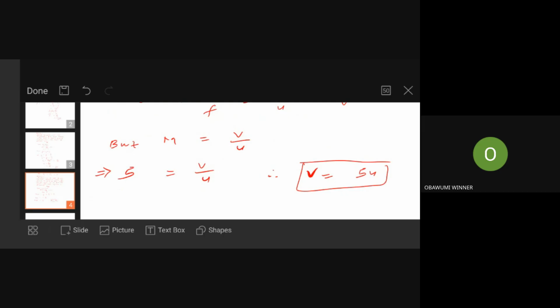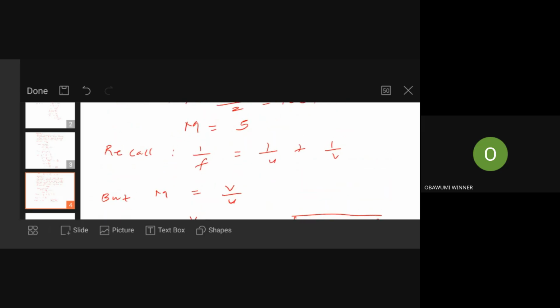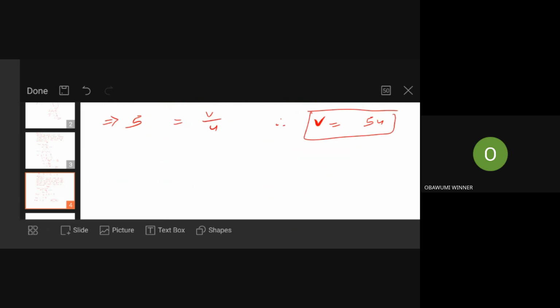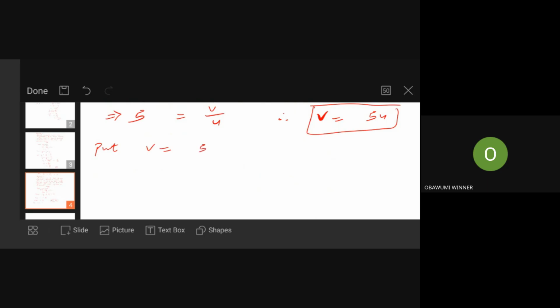I can now replace anywhere I see v in that mirror formula with 5u, so that all my equations will be in terms of u. So this implies going back to the mirror formula, the mirror equation.